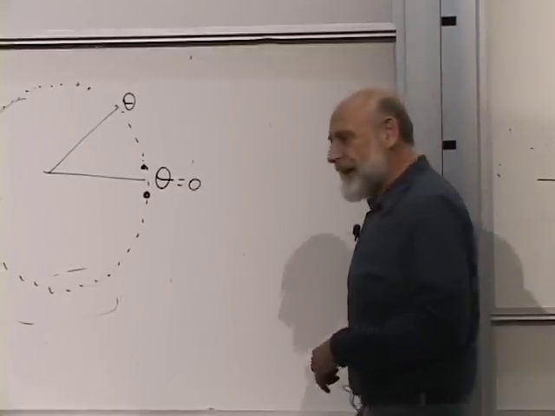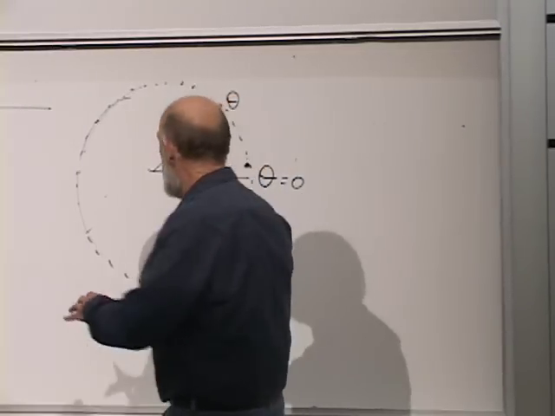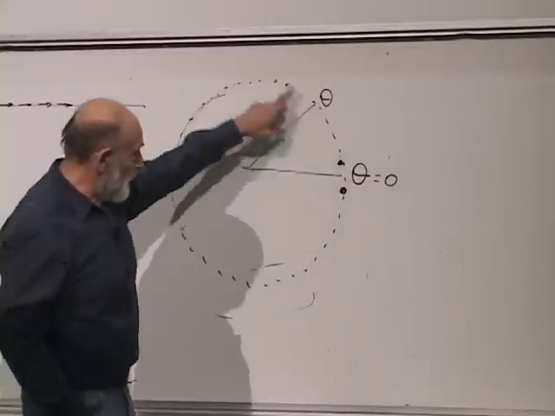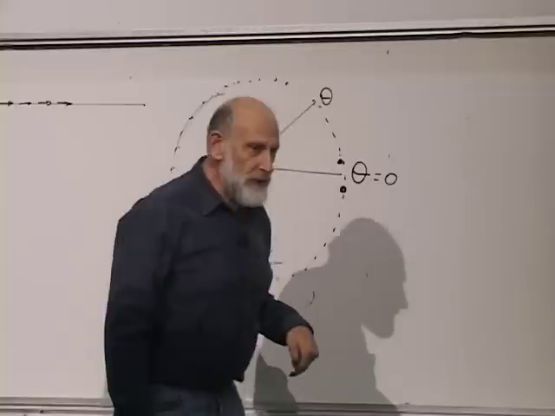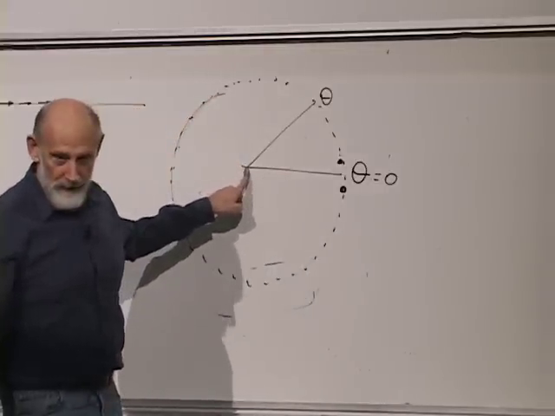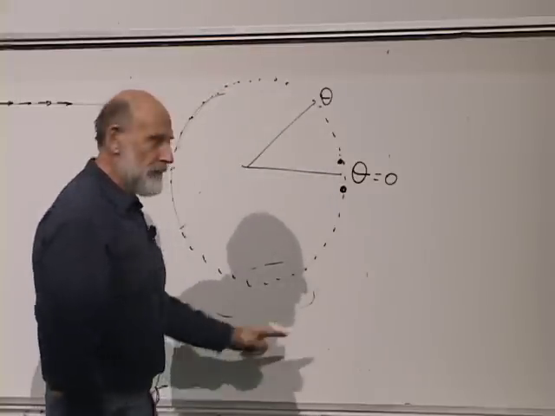Again, let's suppose for the moment that the radius of this circle, or the circumference of it, the little bugs who live in this world, have no sense of radius because they have no sense of where the center of it is. It's not in their world. But they do have a sense of circumference.